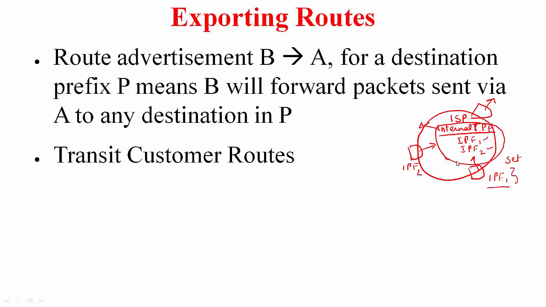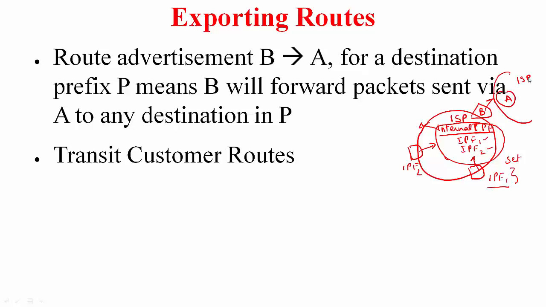Now out of these, it has to decide which IP prefixes to advertise to the other ISPs. So what does a router advertisement mean? Let's get this straight. For example, let's say this is a border gateway router B, which is connected to another border gateway router A that belongs to another ISP.